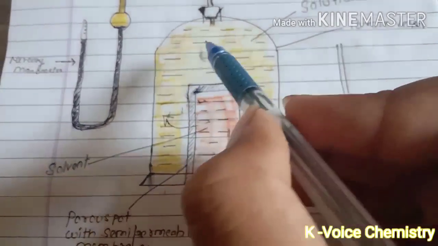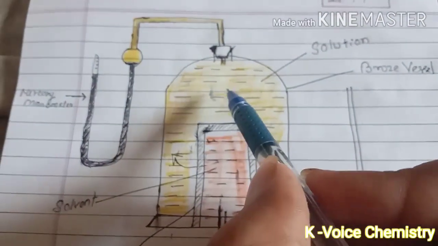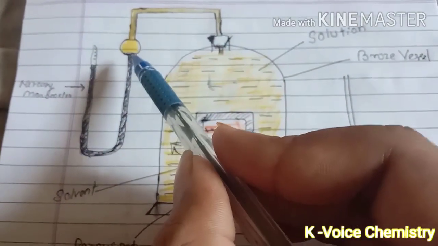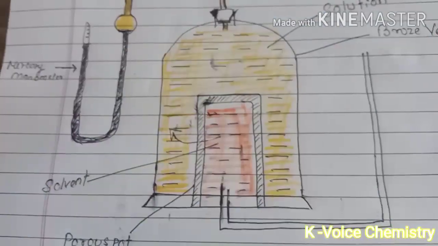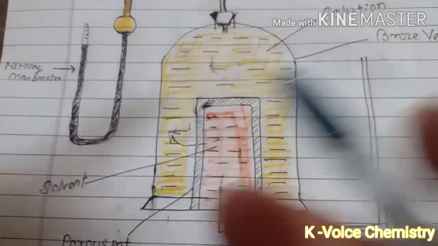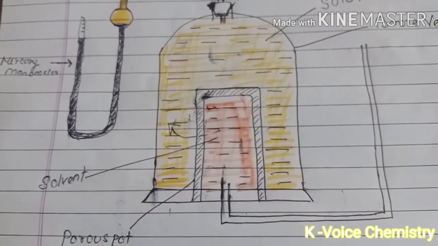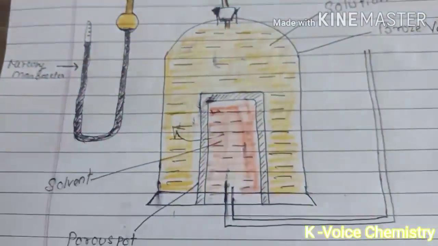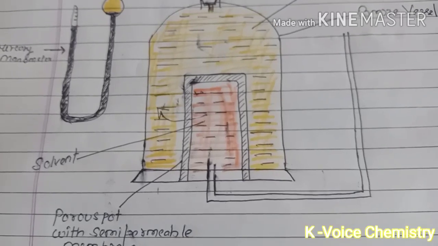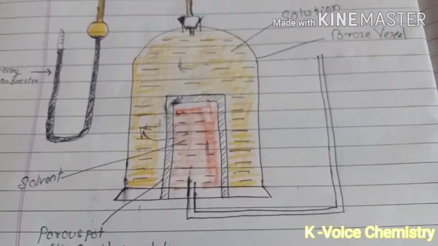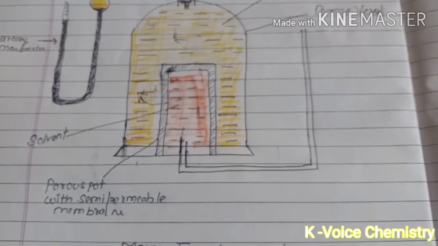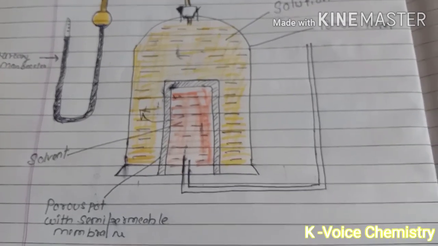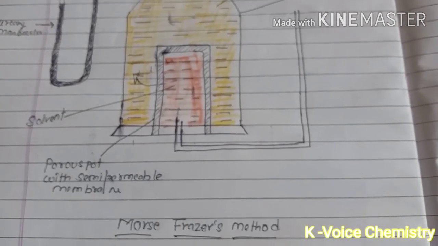The level of the solution in the bronze vessel will increase to the maximum level, and upon reaching it, at equilibrium, it will exert a pressure on the mercury manometer. We can measure that pressure on this scale, and by measuring it we can easily calculate the osmotic pressure. I hope it is very clear to all of you about the Morse and Fraser's method, and that I have explained it in a clear way.